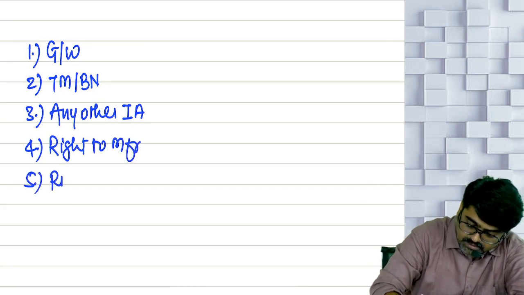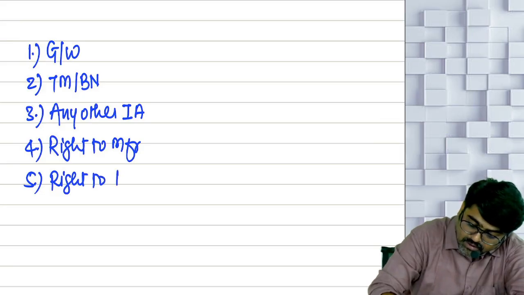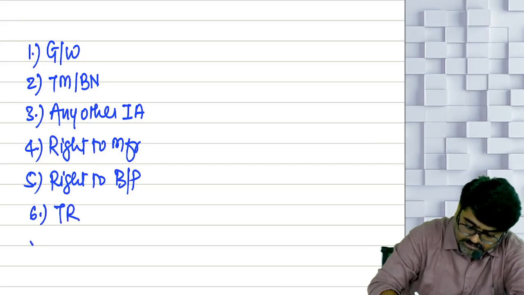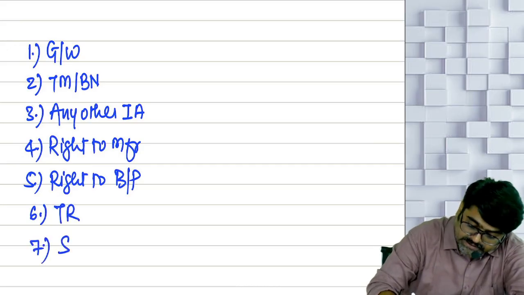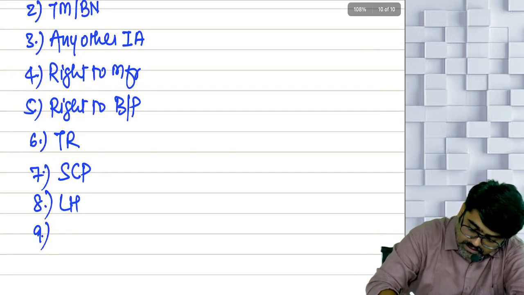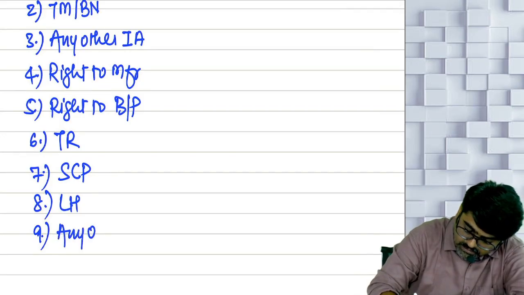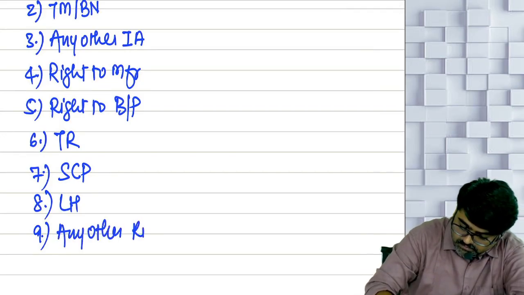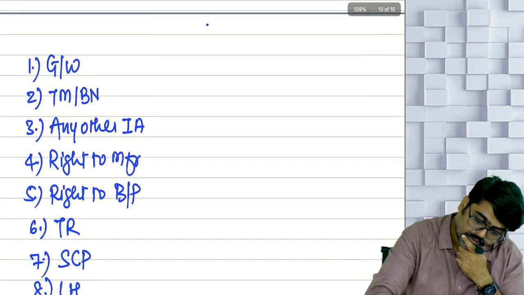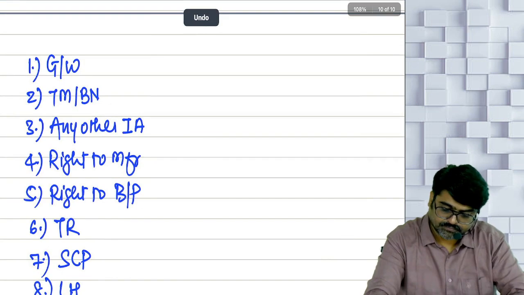Number 5, right to carry on any business or profession. 6th one, tenancy right. 7th one, stage carriage permit. 8th one, loom hours. And the 9th one is any other right.